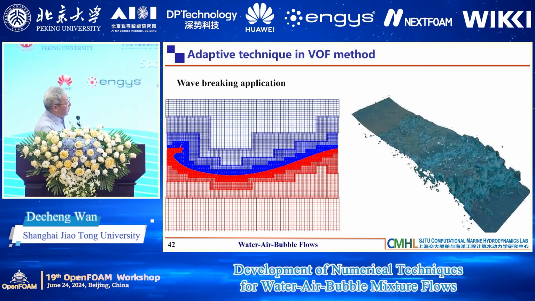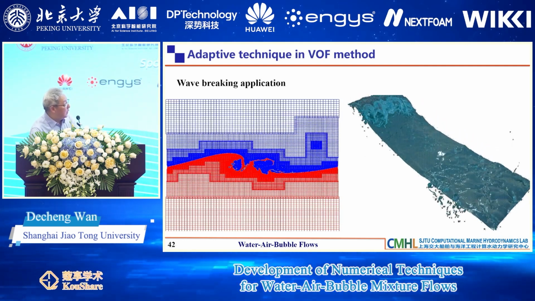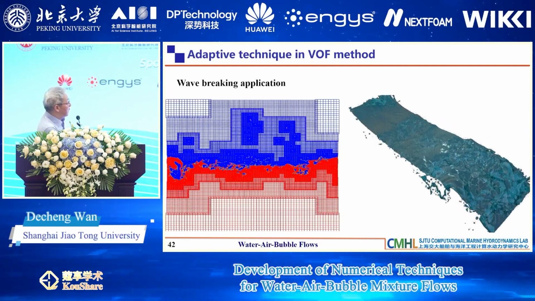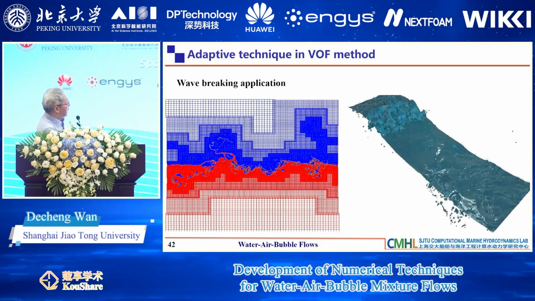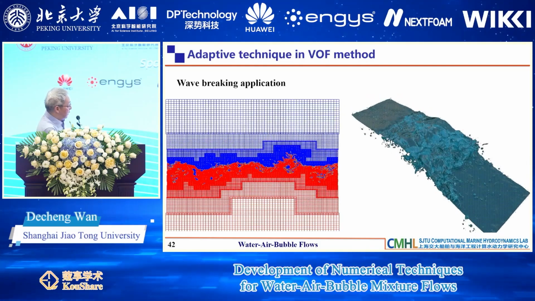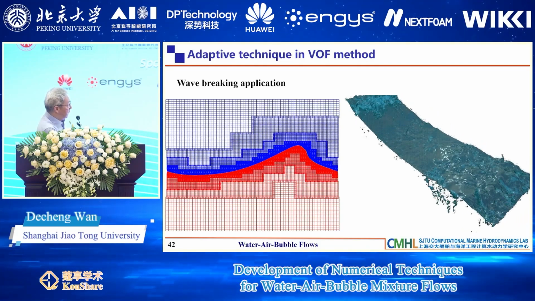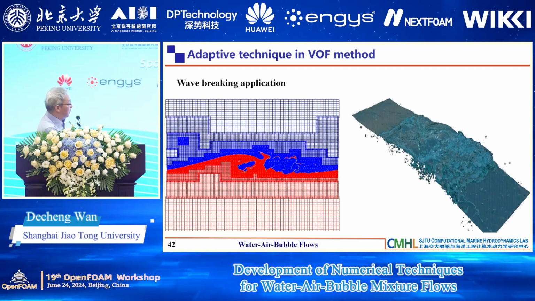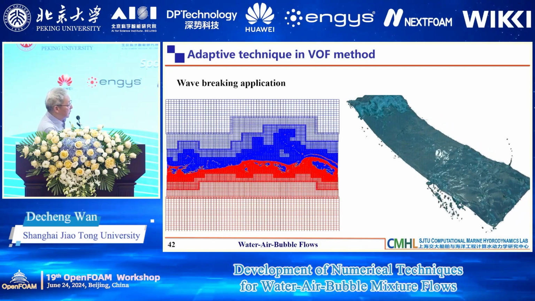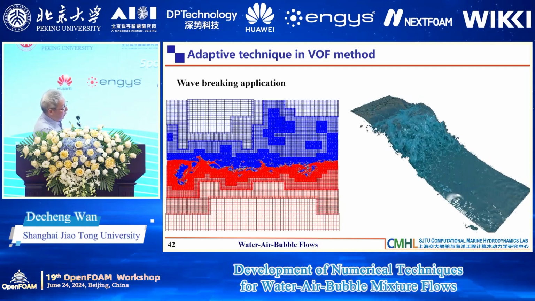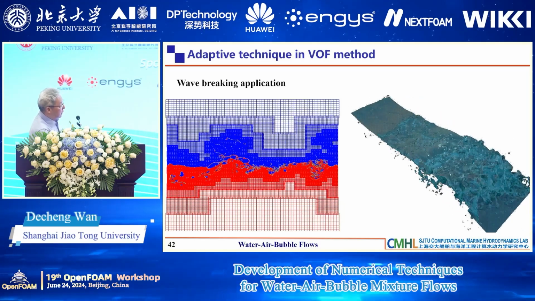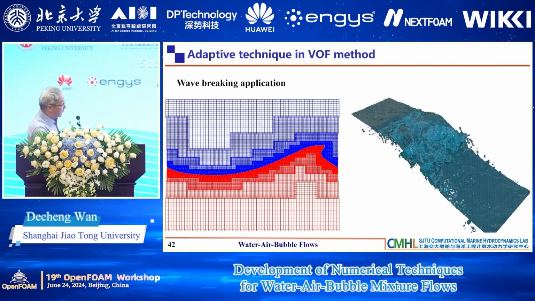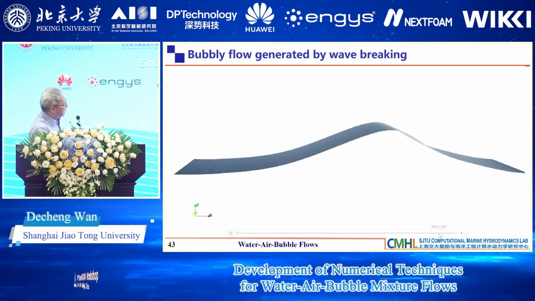Okay, this is another example, for wave breaking. Here you see the adaptive grid technique. We change the scheme and the grid system when the wave breaking happens. So you can see the breaking, and the jet flow and bubble flow generated during the wave breaking.